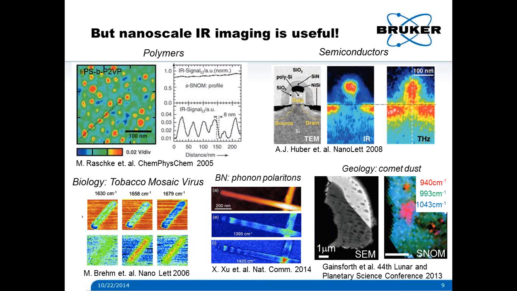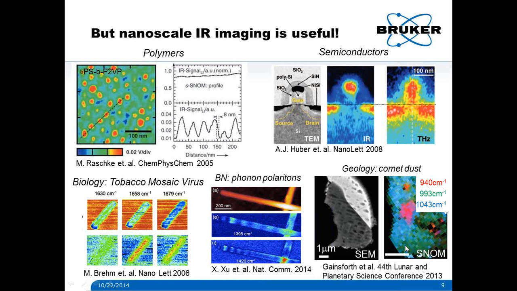The last example I took is from geology. Here, Gainsforth looked at the distribution of certain silicates in a comet dust particle, which is very small, and you can identify how the silicates are distributed.